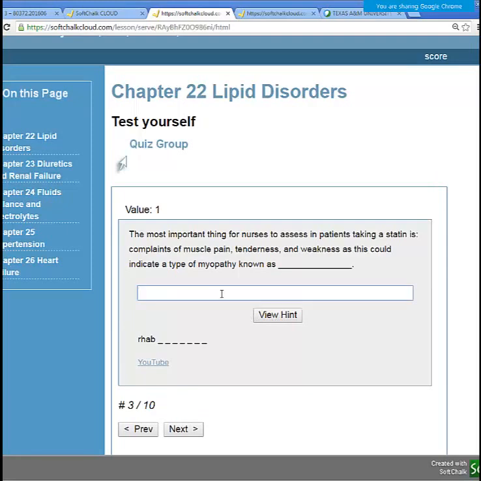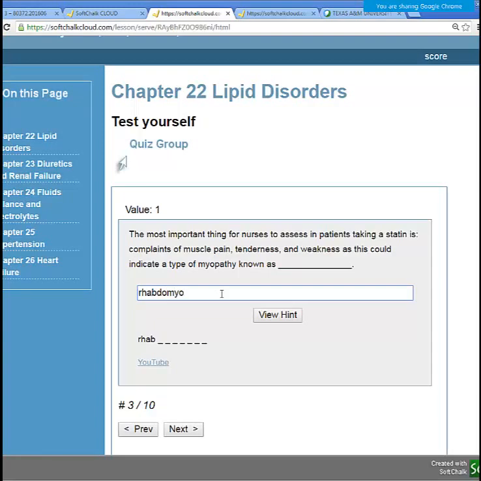What happens is the muscles break down and get into the bloodstream and they lyse. What they call lyse means that they break up. Like if you have a red cell that lyses, that means it exploded and now the contents of the blood cell are in the blood. So it hits the kidneys and it's very serious.